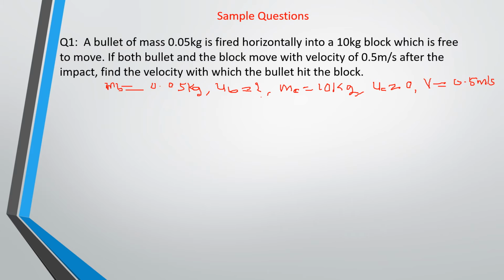Now according to the law of conservation of linear momentum, we have that momentum of bullet plus momentum of block is equal to the sum of their masses multiplied by their common velocity v.